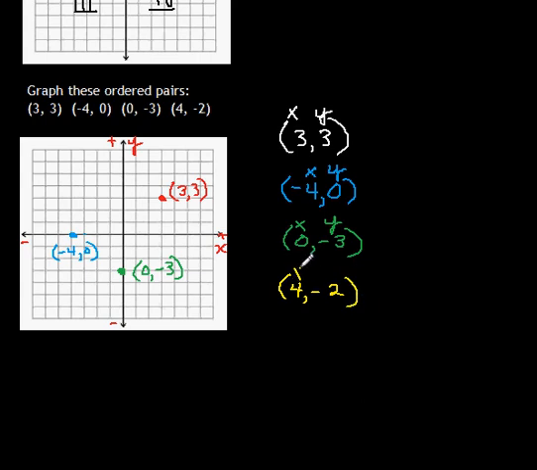Starting at the origin, we go 4 on the x-axis, and then from that point where we end up, we go down 2 on the y-axis. So we start at the center, we go over 4, 1, 2, 3, 4, and then we go down 1, 2. And that's our point 4, negative 2. Hard to see. And that's it for lesson 50.